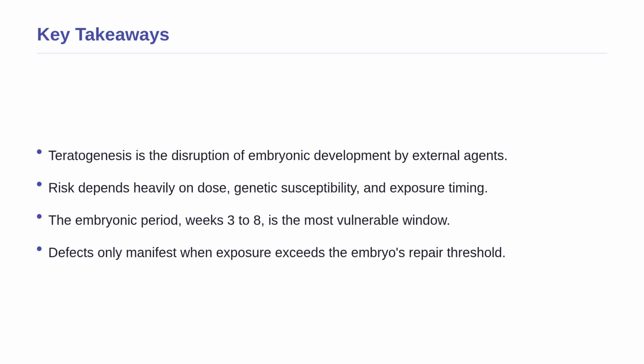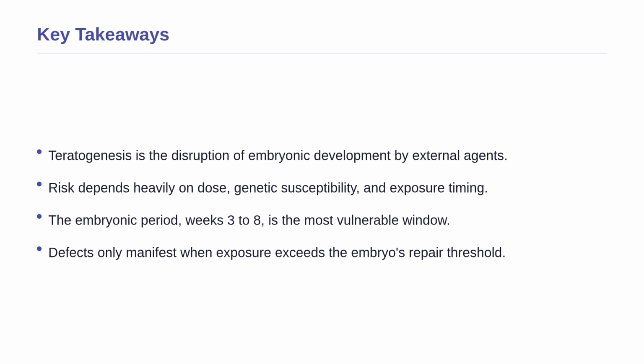We have covered a lot of ground today. To summarize, teratogenesis is the study of how external environmental agents disrupt the highly choreographed process of embryonic development. We learned that the impact of a teratogen is not just about toxicity.